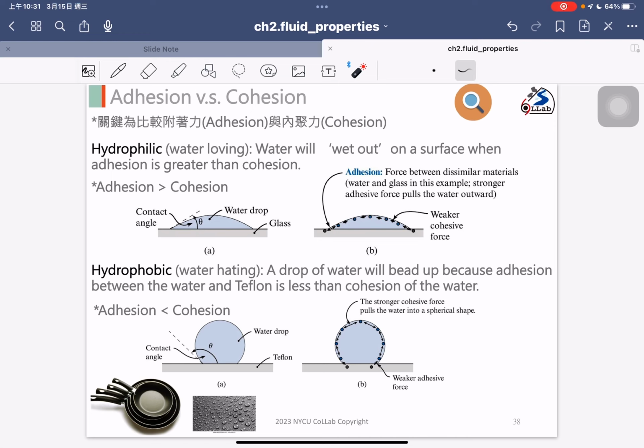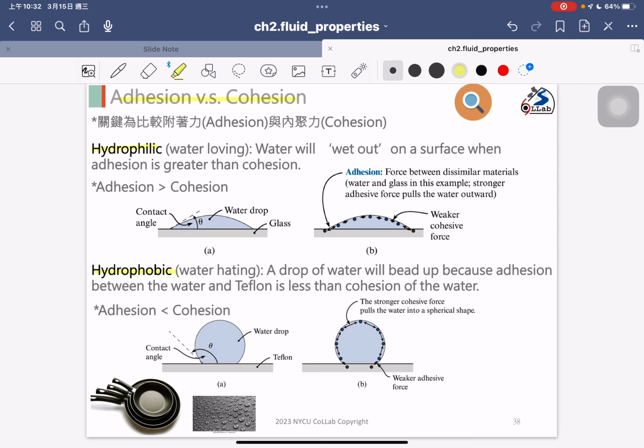Okay, and before we do the exercises, there are also some very important definitions. We are trying to define two words, hydrophilic and hydrophobic. We provide certain definitions, and you can figure out why I call them that. You see the title on the slide: we compare the adhesion and the cohesion between the two materials.